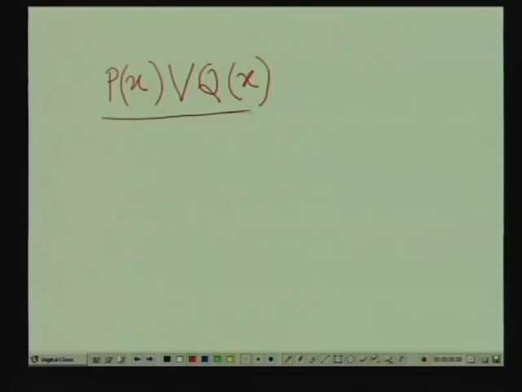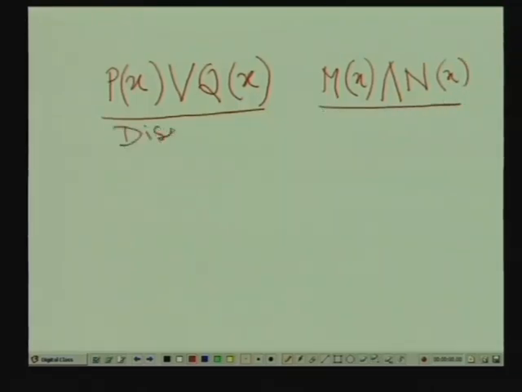This is a disjunction. And say Mx and Nx, this is a conjunct. Now, a canonical form is a conjunction of disjuncts, all right.